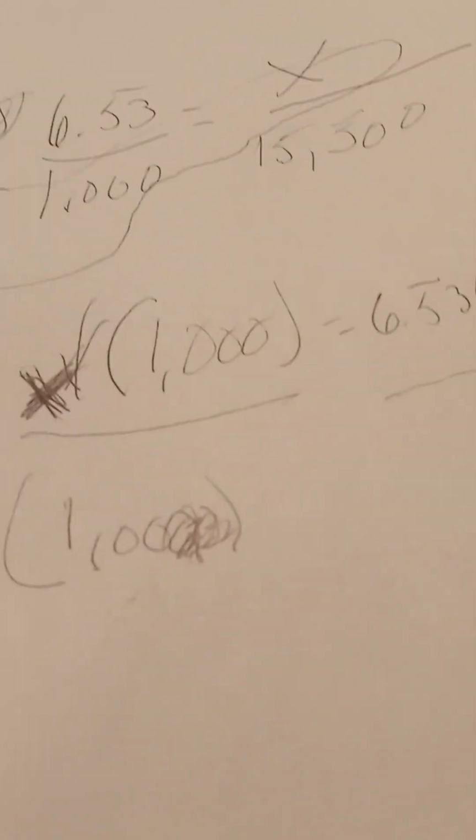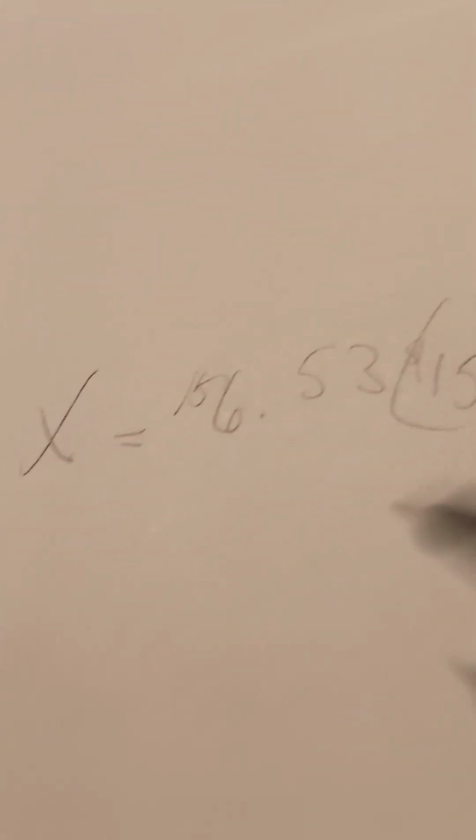They were letting you know that once they completed the cross multiplication step from up here per 1,000, you will end up having to just simply multiply 6.53 times 15.5.